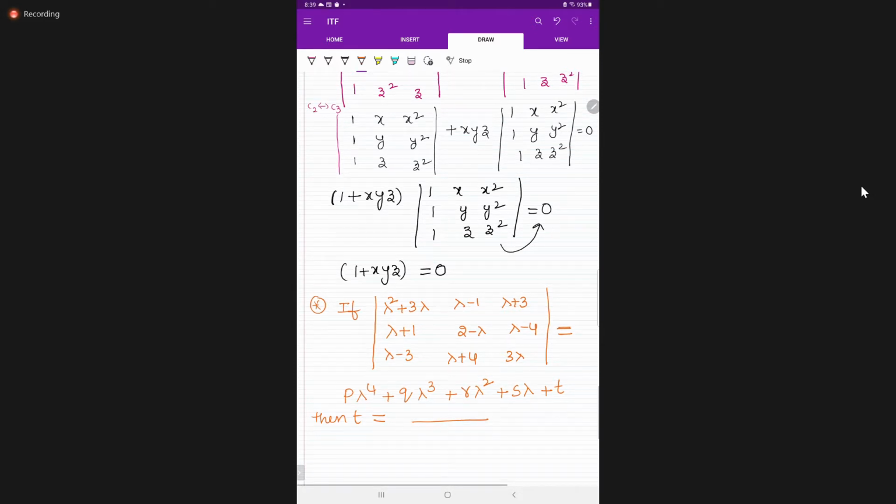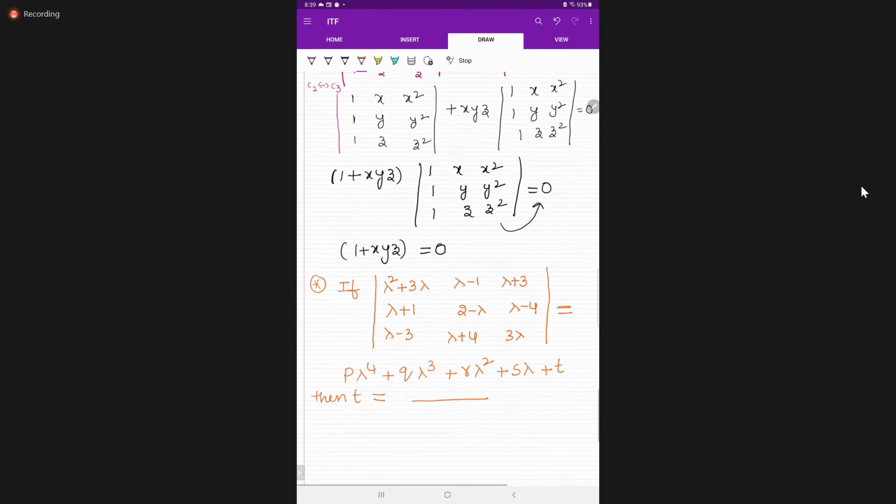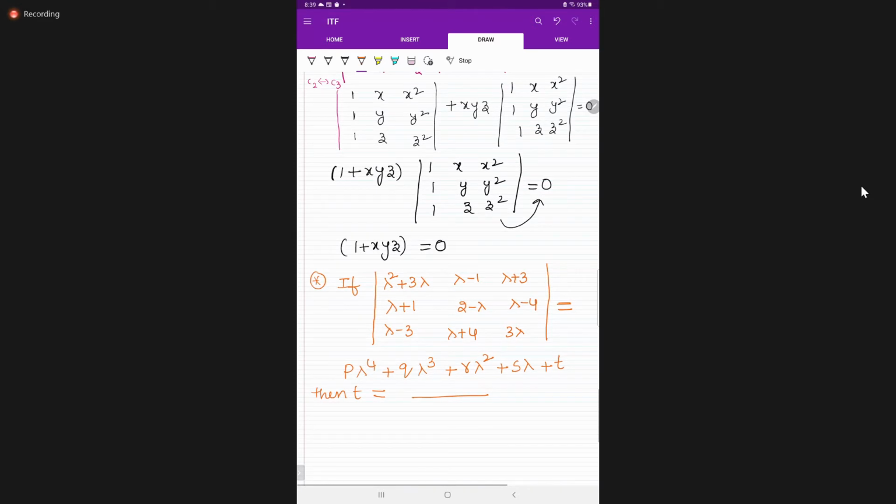Students, this type of problems are very important. Where is t? Your constant, right?